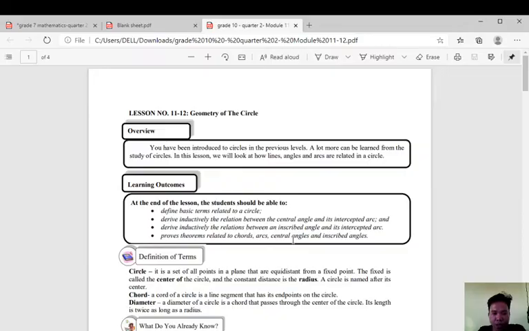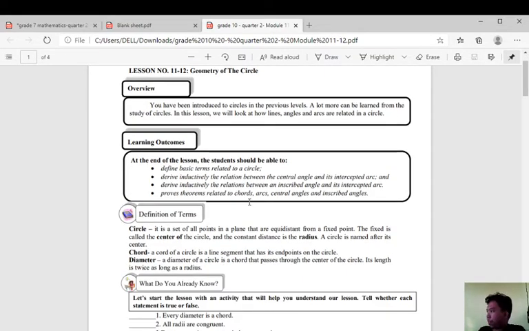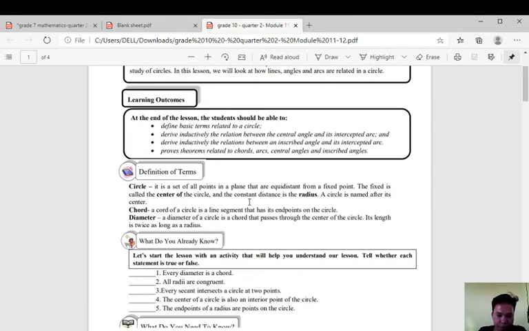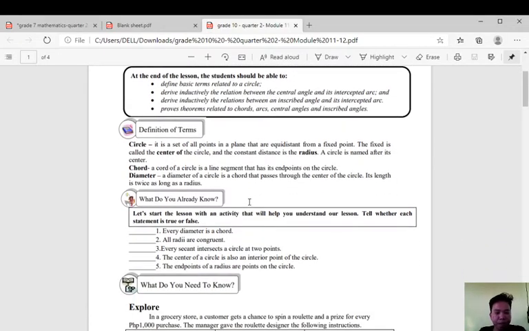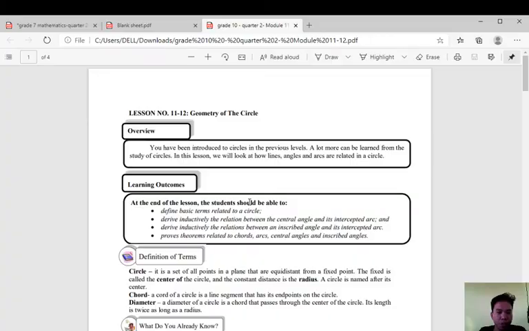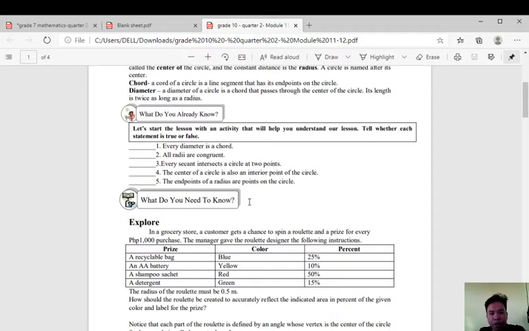In this lesson, we'll look at how lines, angles, and arcs are related in a circle. All right. So that should be our topic for this week, or this 2-week module, which is week 11 and 12. So it's all about the geometry of the circle.